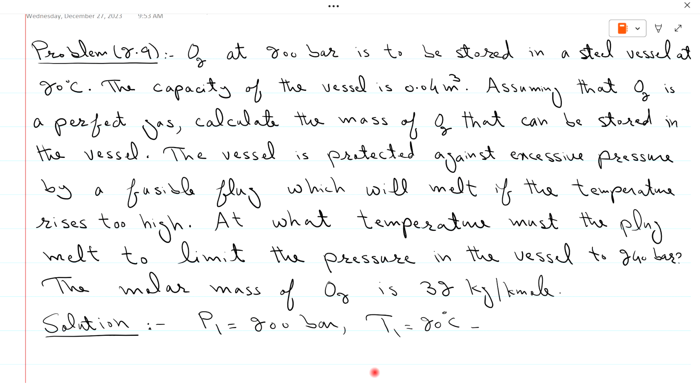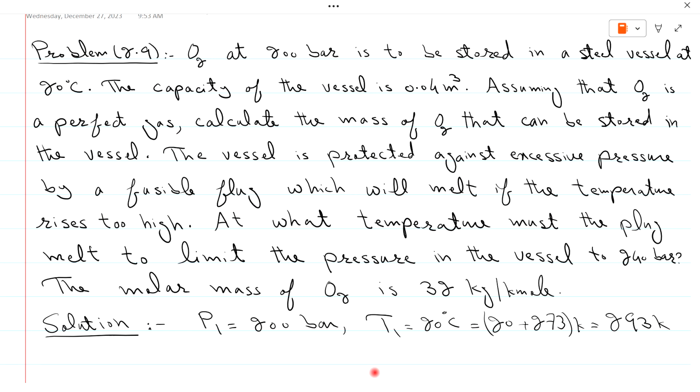Convert this into Kelvin because we will use the ideal gas equation, and in the ideal gas equation we use Kelvin, not degrees centigrade. So we add 273 to 20 degrees centigrade, and the new value will be 293 Kelvin.